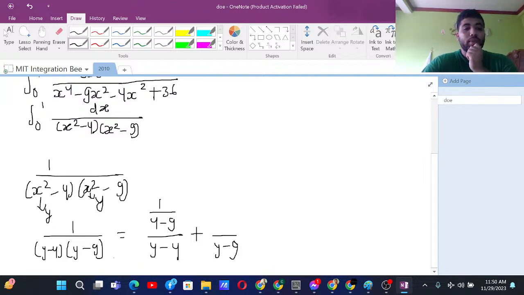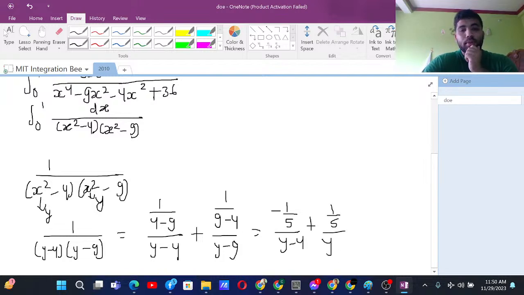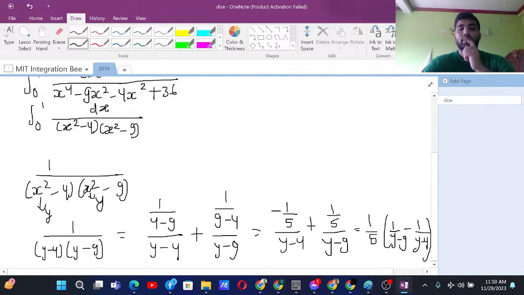So just cover y minus 9 and substitute 9 in the other expression. So 1 by 9 minus 4. So that's minus 1 by 5 by y minus 4 plus 1 by 5 by y minus 9. If we take 1 by 5 common, we will have 1 by y minus 9 minus 1 by y minus 4. So that's the partial fractions.